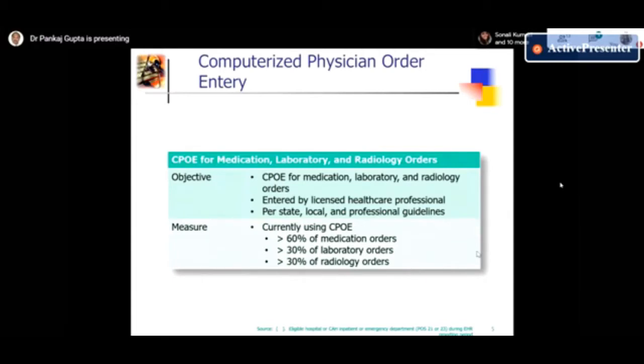The measures were that at least 60% of medication orders, at least 30% of laboratory orders, and at least 30% of radiology orders have to go through CPOE, not manual, not on any other system. This was a target given to every institution: if you achieve this, we will give you the payments or incentives. Otherwise, we will not. This is built into the meaningful use I talked about in my previous session.